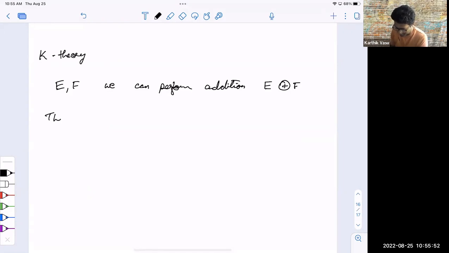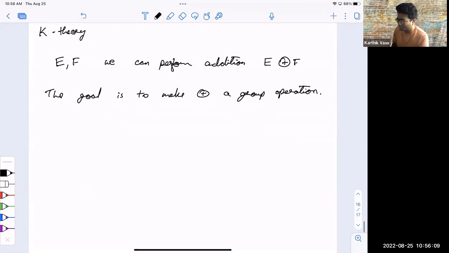So the goal is to make this direct sum a group operation. In particular, what are the properties I'm looking for? First of all, in my group, I don't want to treat isomorphic bundles as different. So I want to define some equivalence class.